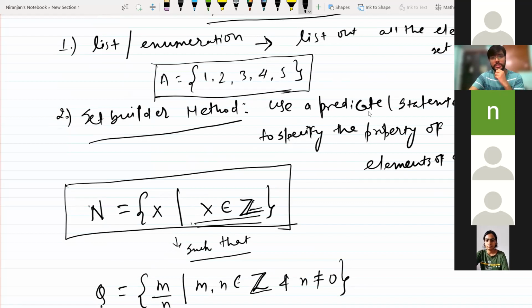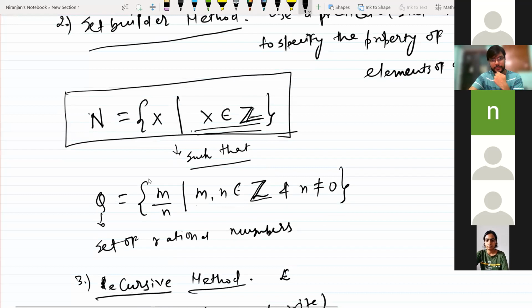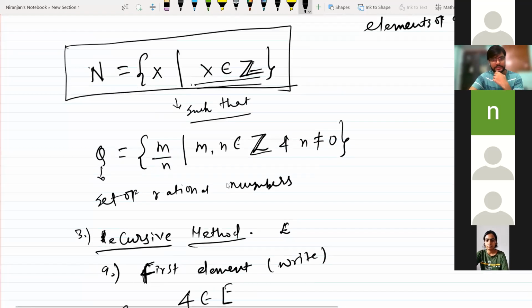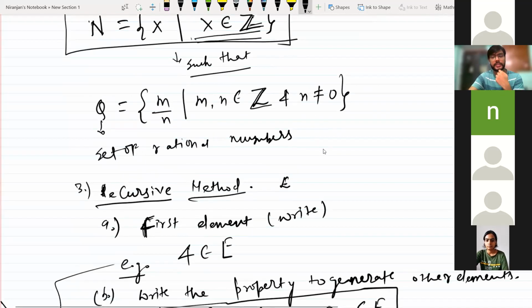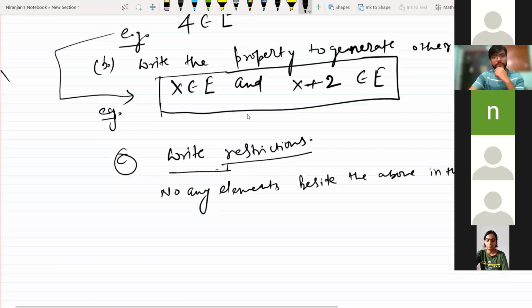We use a predicate statement to specify the property of elements of a set. So I have talked about the set of rational numbers in which I have specified that m by n can generate all rational numbers if m comma n belongs to integers and n is not equal to 0.